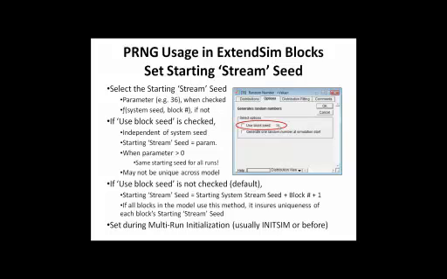This particular value will override. In other words, the block will not use a different stream on multiple runs. It'll use the same stream on each of the n multi-run simulations.